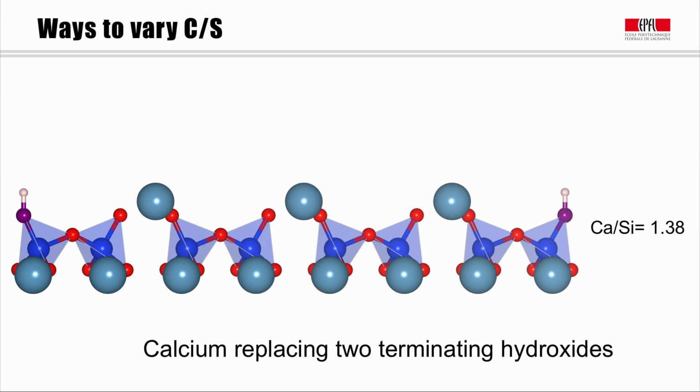And here we see by replacing all the hydroxides with calcium, we can get quite a significant increase in the calcium silicon ratio. But what we see here with this version is that even though we've now omitted all the bridging sites and we've got calcium replacing the hydroxide, this is still not enough to get us to the calcium silicon ratios we see in CSH.